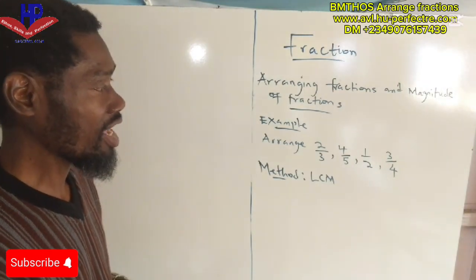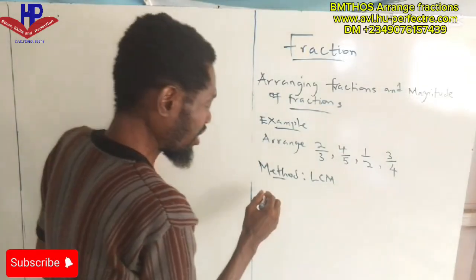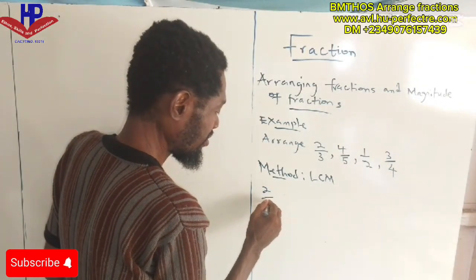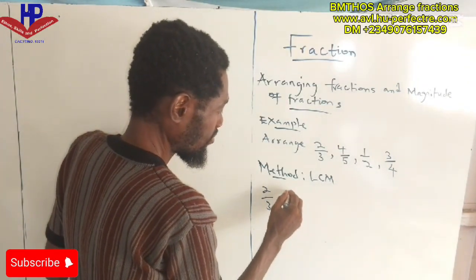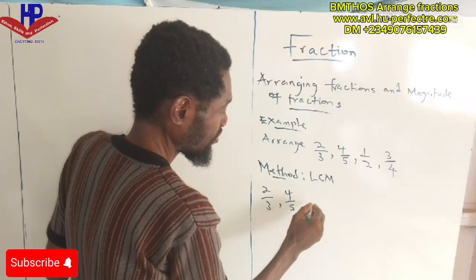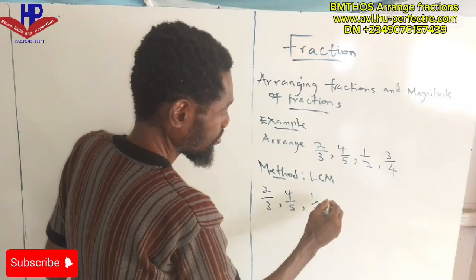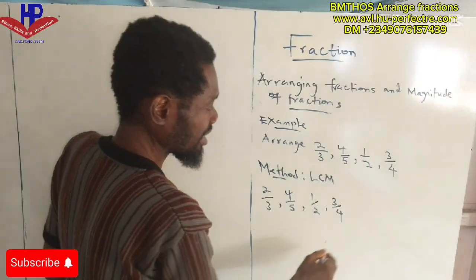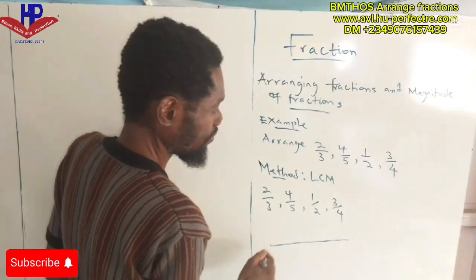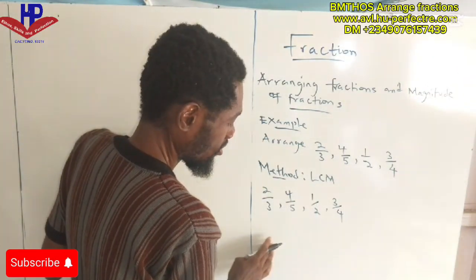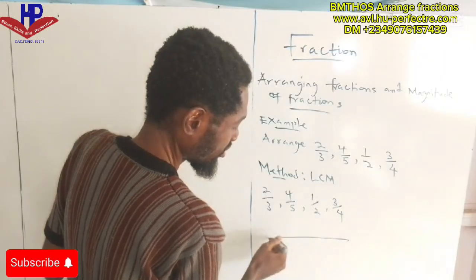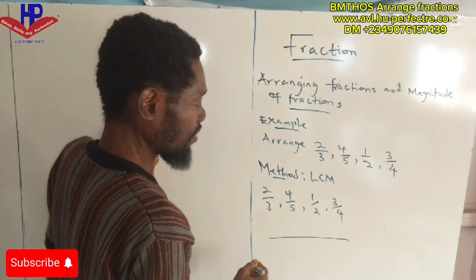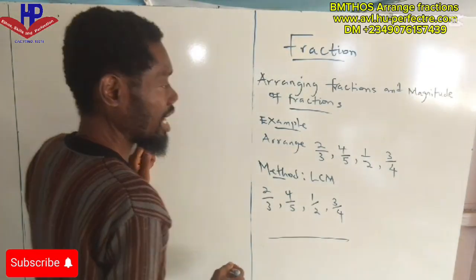Now let's see the LCM method. You're going to write out these fractions the way they are: 2 over 3, 4 over 5, 1 over 2, 3 over 4. You find the LCM of these numbers. LCM of the denominators: 3, 5, 2, and 4.